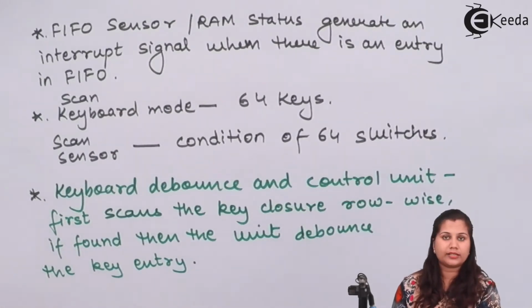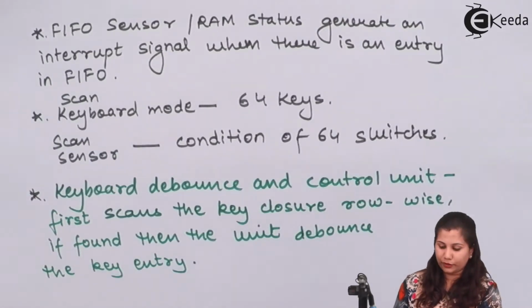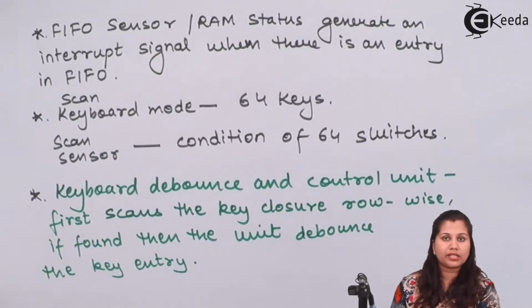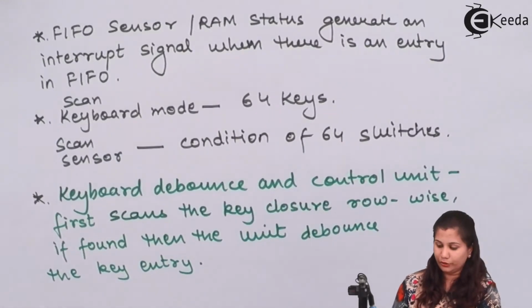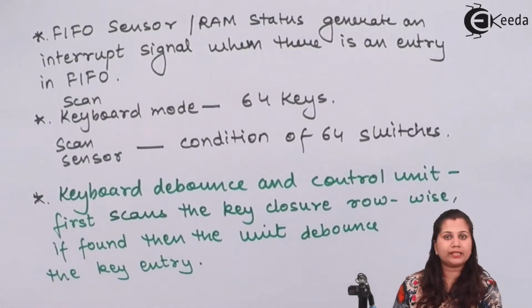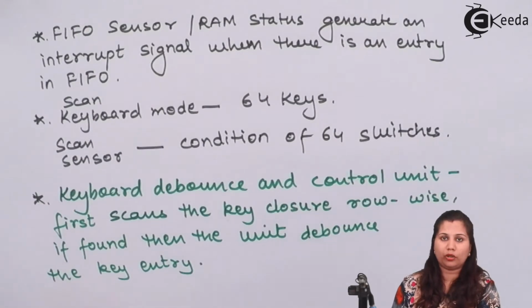Along with the status of the shift and control key, the key code will be transferred. So that is the function of this keyboard debounce and control unit. This completes the keyboard section of the block diagram.